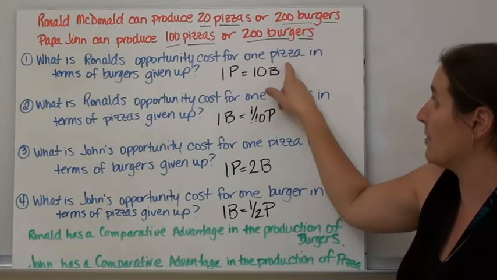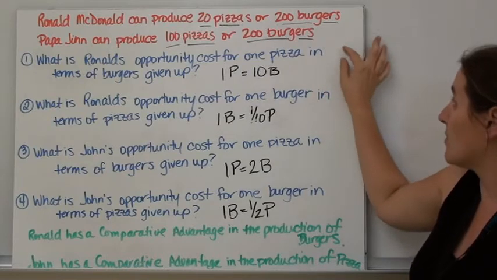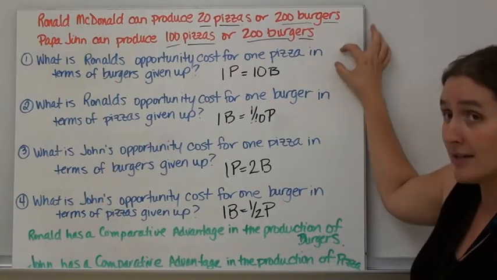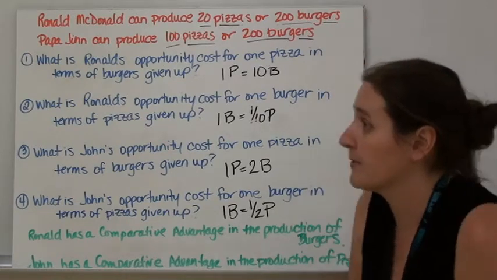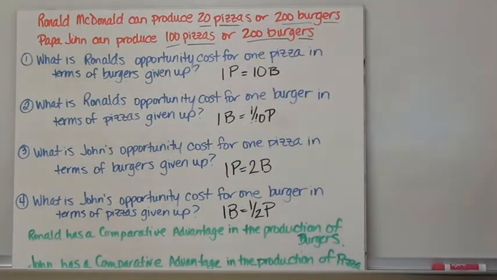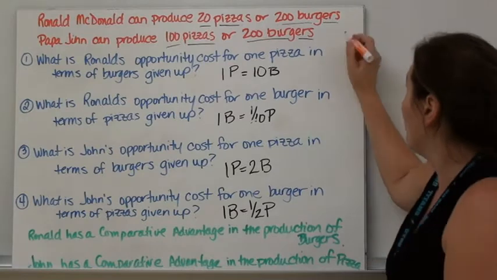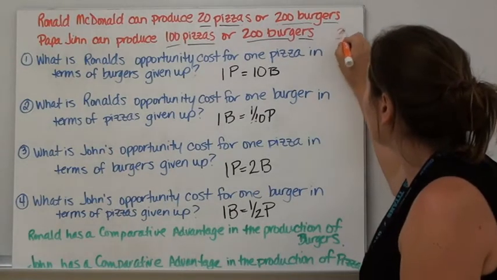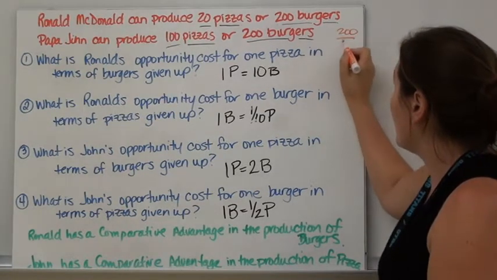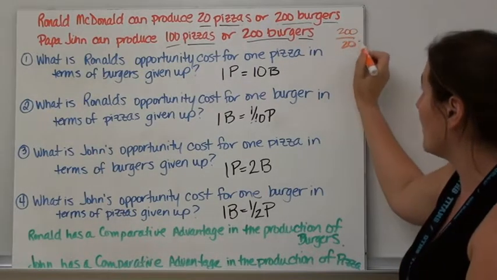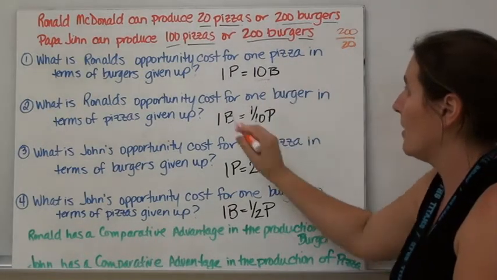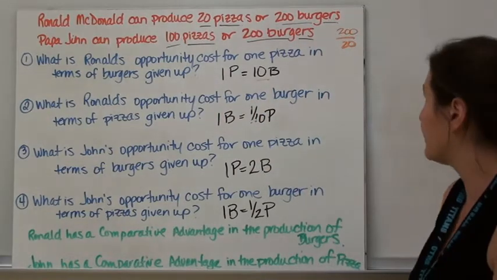What's his cost for 1 pizza? So to make 20 pizzas, that's the units gained. On top we're going to have the 200 burgers. So the cost is the 200 burgers divided by the units gained, 20. So for 1 pizza, 200 divided by 20 is 10. 1 pizza costs 10 burgers.